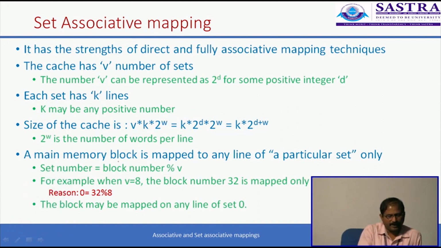A main memory block is mapped to any line of a particular set only. This 'any line of' is very similar to our associative mapping.